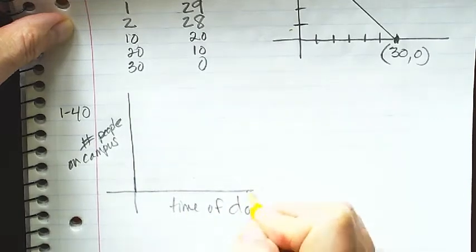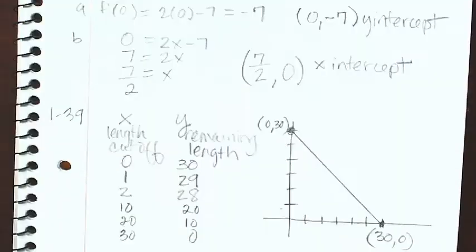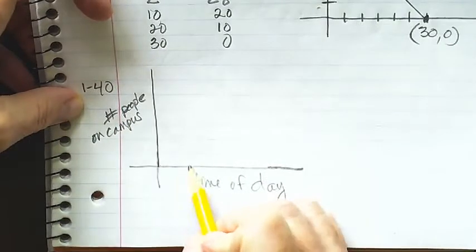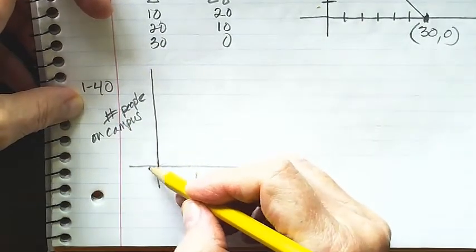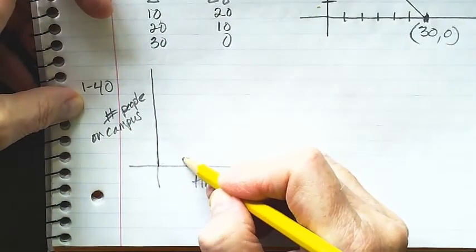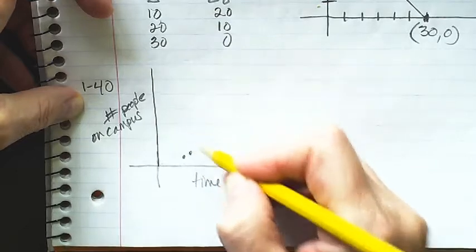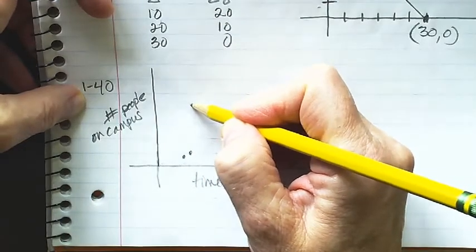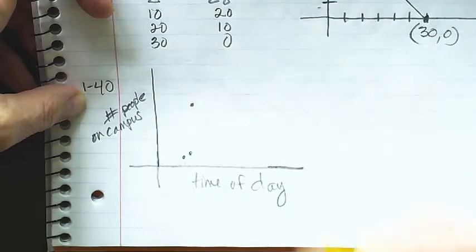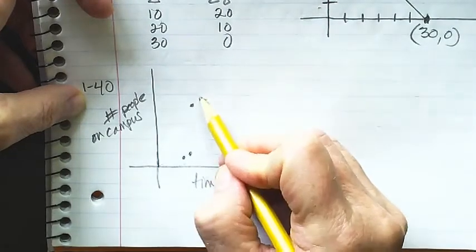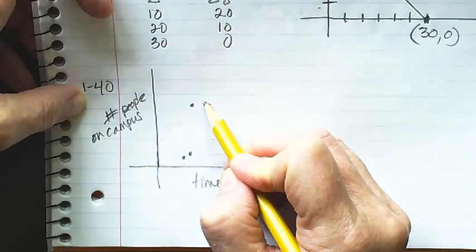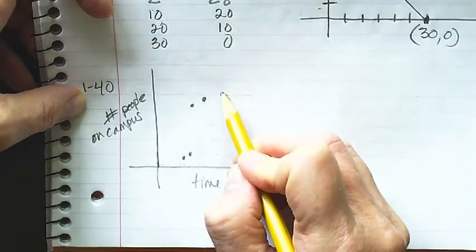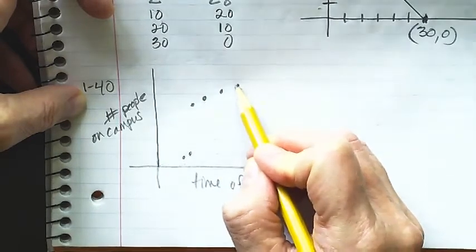So in a normal situation, as the time of the day goes on, you go from having no one at the school to having a few people. And then all of a sudden, everyone's at school, mostly at the same time, right? And then people are staying at school. Maybe some people come late, so the amount gets larger.